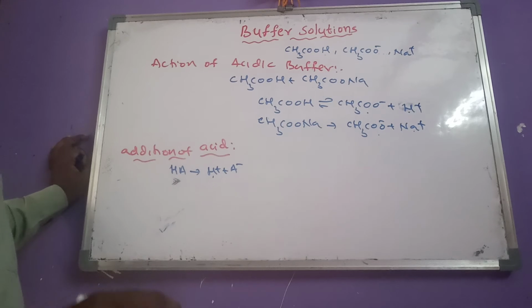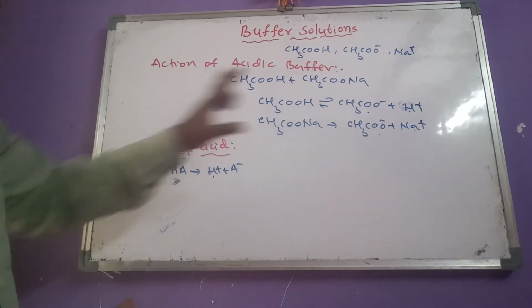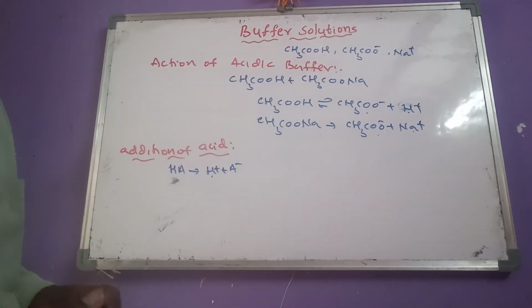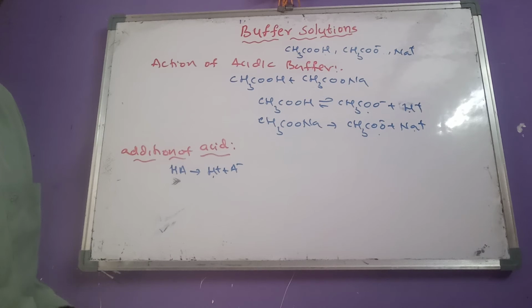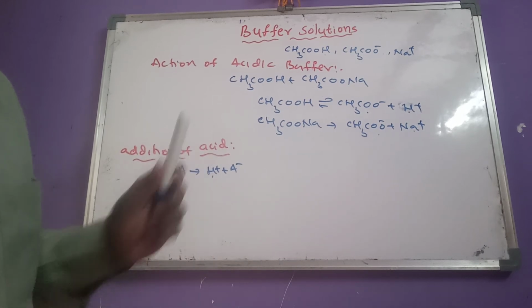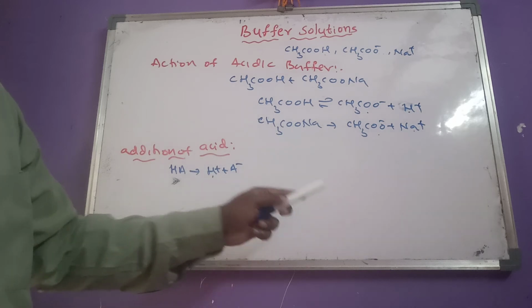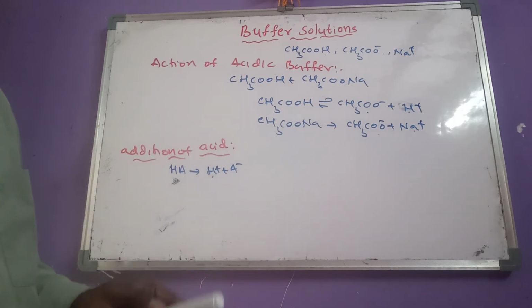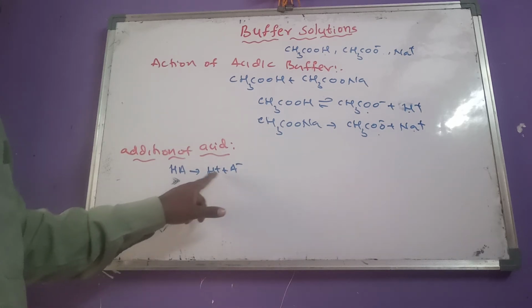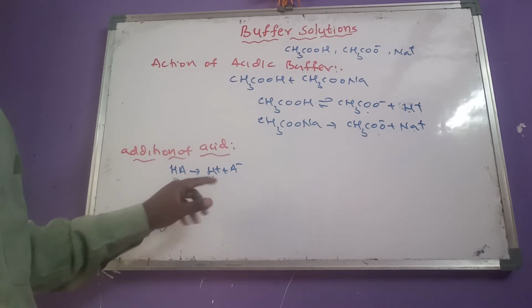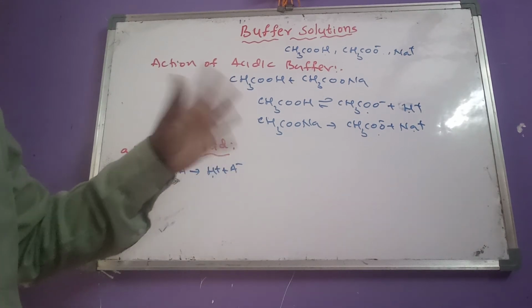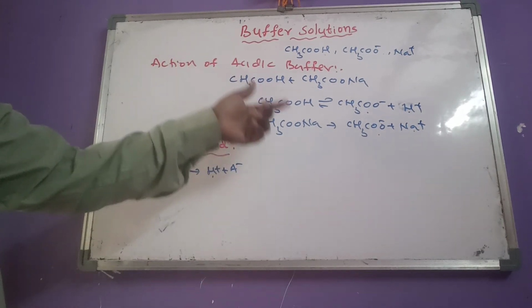If H plus ions remain like that in the solution, there is a change in pH value due to the increase in acidic nature. But the buffer shows resistance to change in pH value, which means these H plus ions must disappear by some action. Which will take that role?